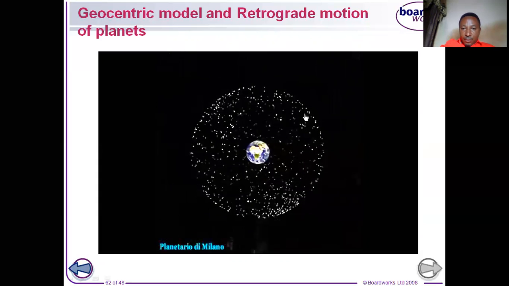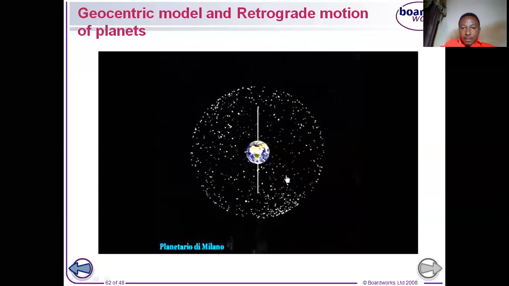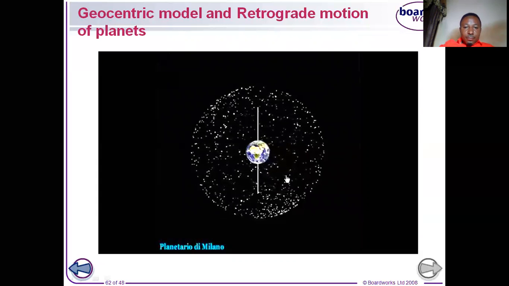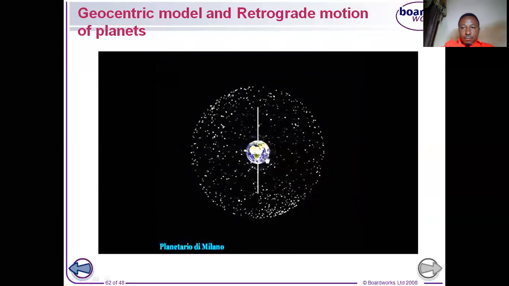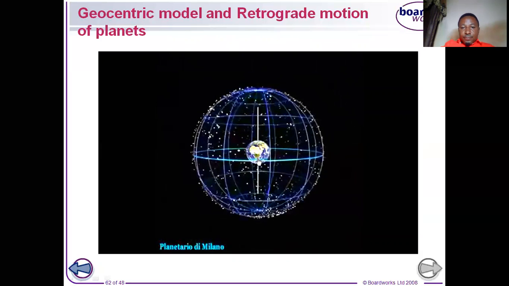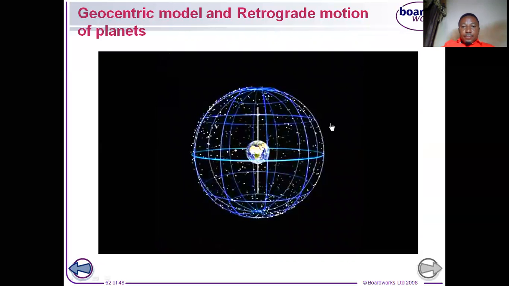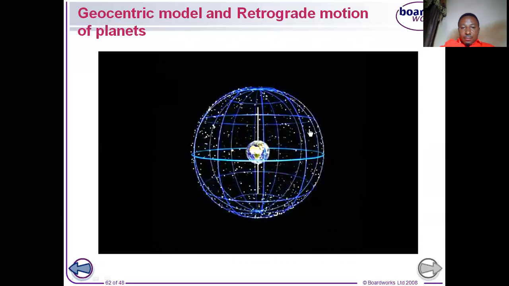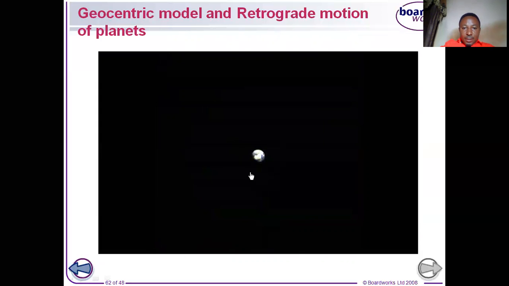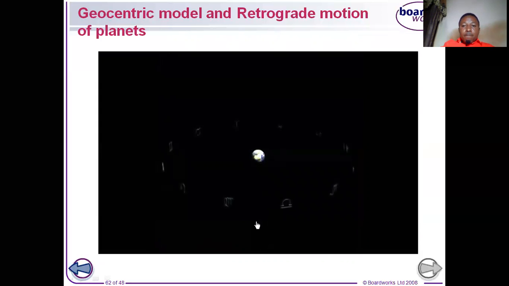Can you see it? And the Earth is like a driving force, controlling every other thing. Every other thing revolves around the Earth, like you can see the stars there around the Earth.